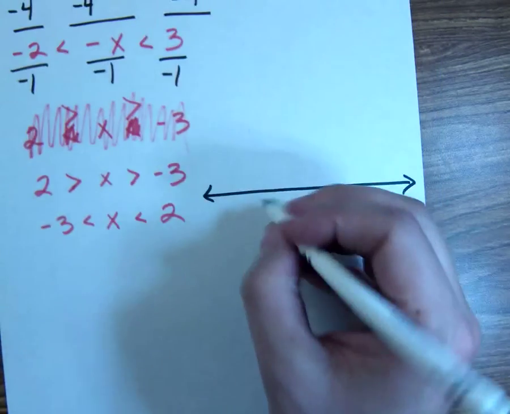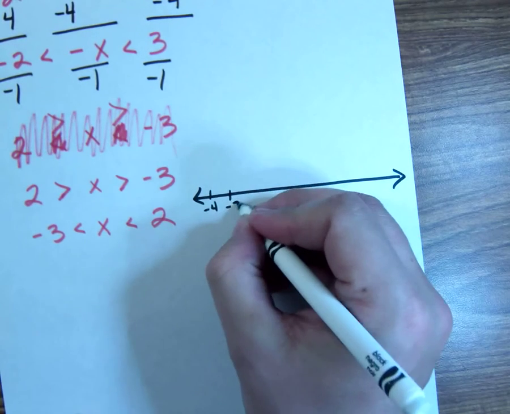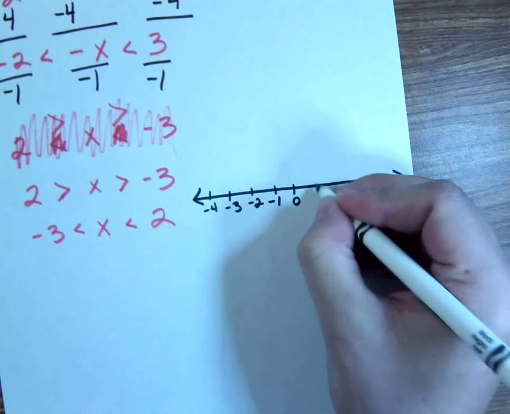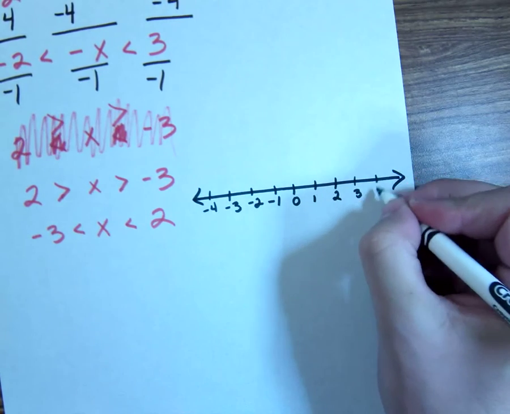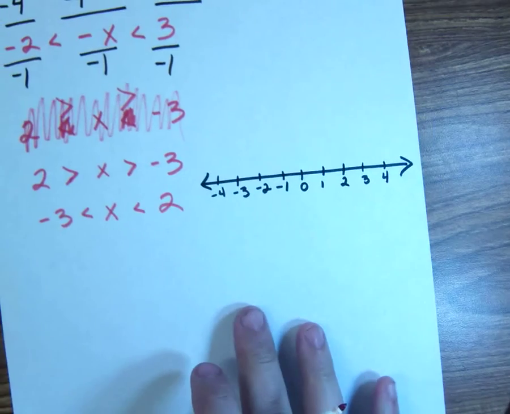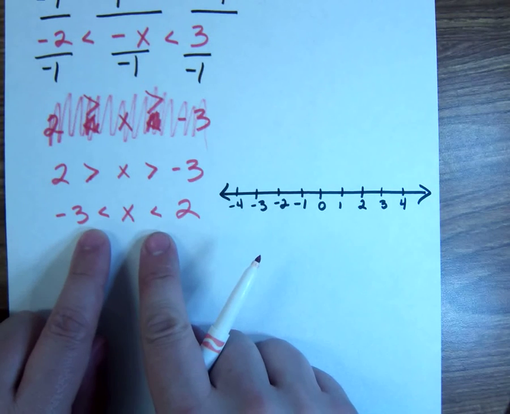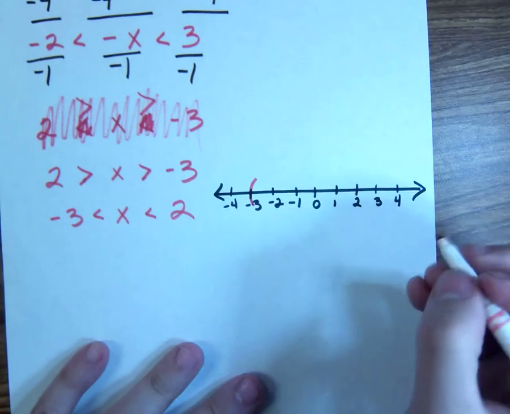Okay. So what does that mean? I have to write a really long number line now because it's got to include both -3 and +2. There it is. And I want to show that x is all the numbers in between -3 and 2. These are not equal to lines. There's no equal to there, so I'm going to use parentheses. So I put a parenthesis on -3.